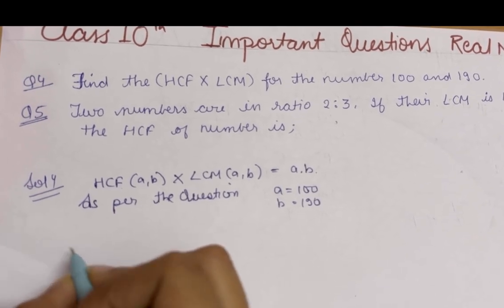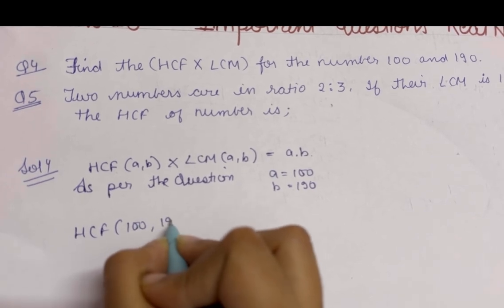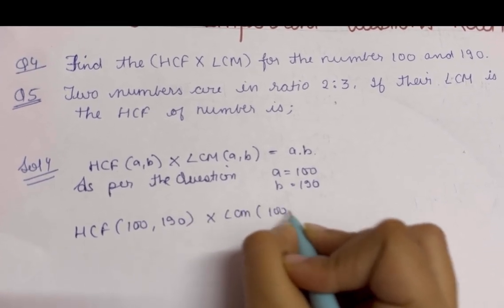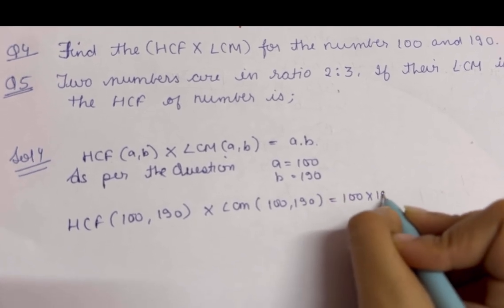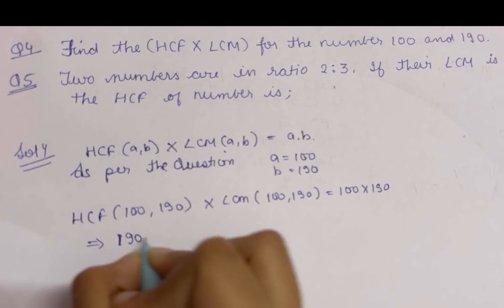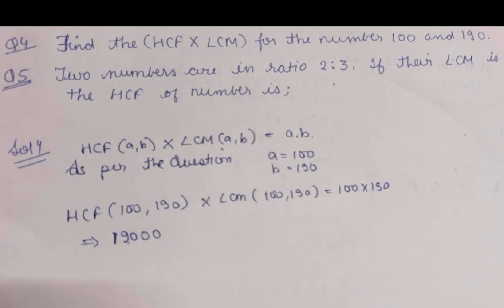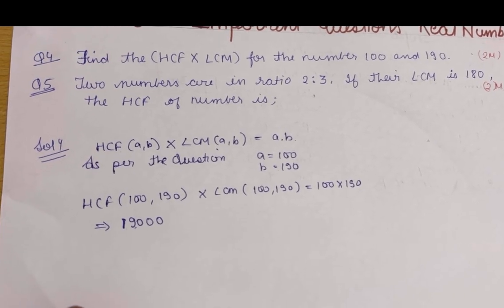Simply, HCF of 100 and 190 into LCM of 100 and 190 is equal to 100 into 190, which is equal to 19,000. That is the answer for question number 4.